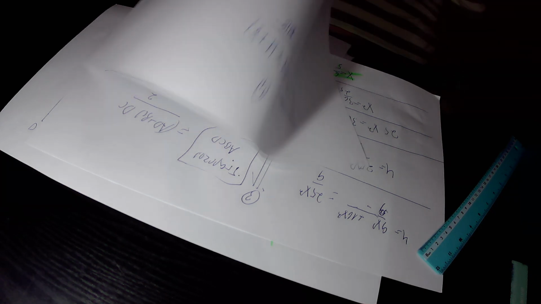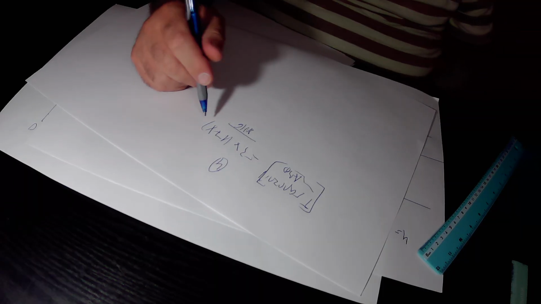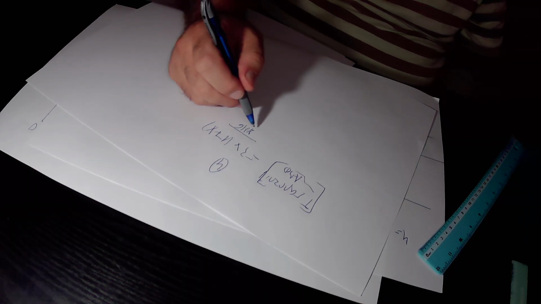So in total, we found out that the area of ABCD equals 3x times 17x over 2 times 6.